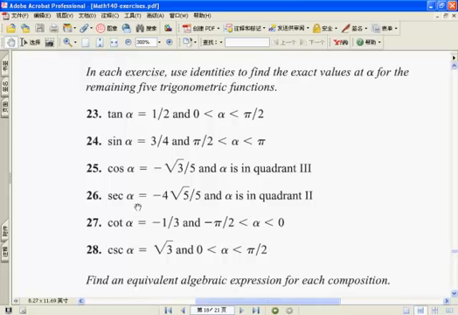So in the 26, we know the secant alpha is equal to negative 4 times the square root of 5 over 5, and alpha is in quadrant 2. So now we need to find the value of the other 5 trigonometric functions at alpha.